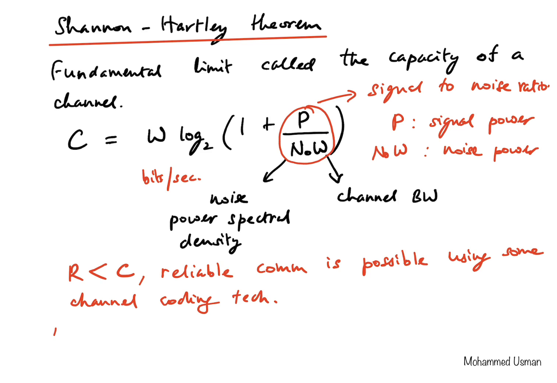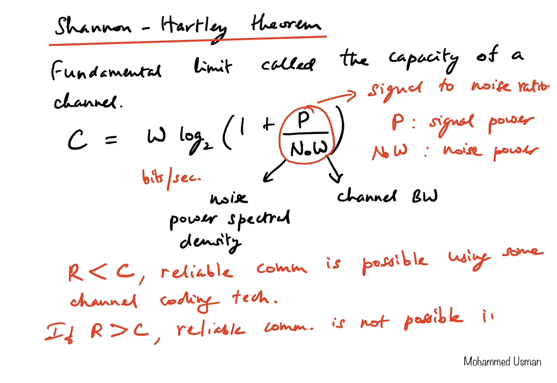Now, if R exceeds the capacity of the channel, if we transmit at a rate more than the capacity of the channel, reliable communication is not possible, irrespective of the channel coding or any other signal processing that we can perform at the transmitter and receiver.